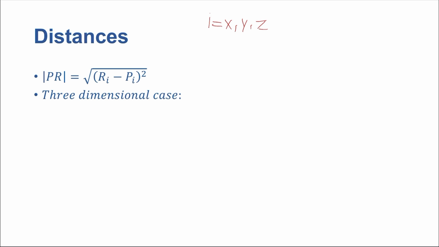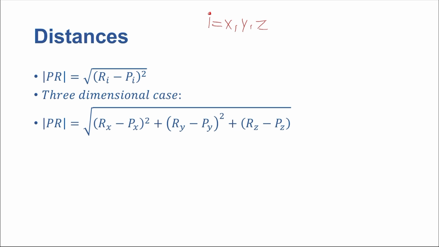So in the three-dimensional case, we get the magnitude between P and R, so the distance between P and R is equal to the square root of r sub x minus P sub x squared plus r sub y minus P sub y squared plus r sub z minus P sub z squared. Sorry, we should have a square root there. Anyway, so that's the distance for 2 points in the three-dimensional case, and this works for n-dimensional cases.